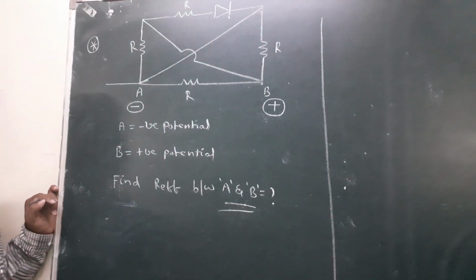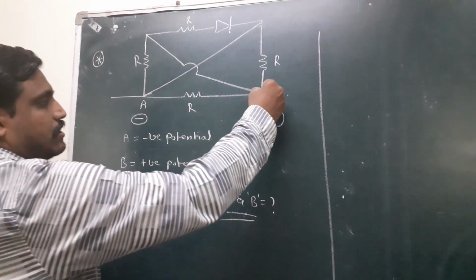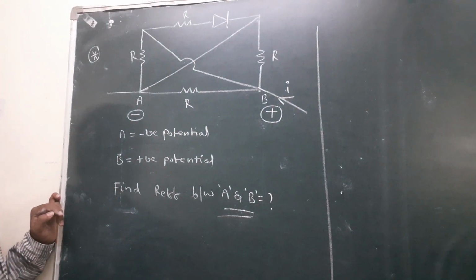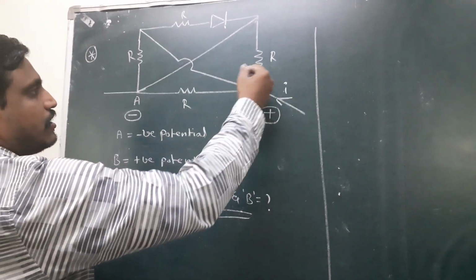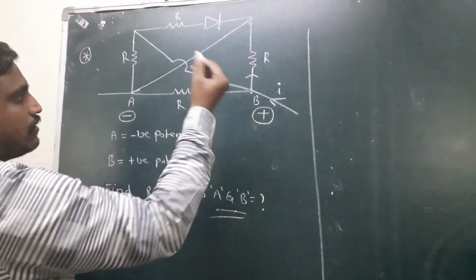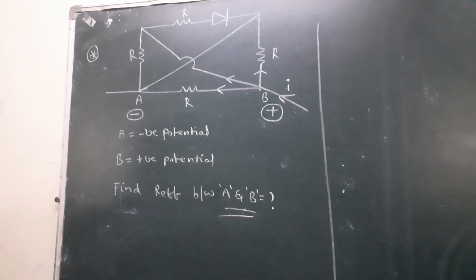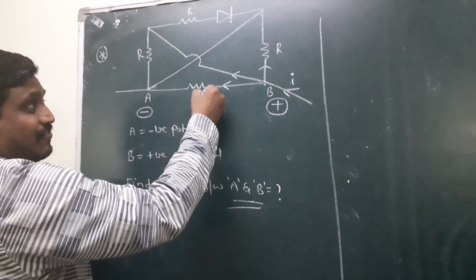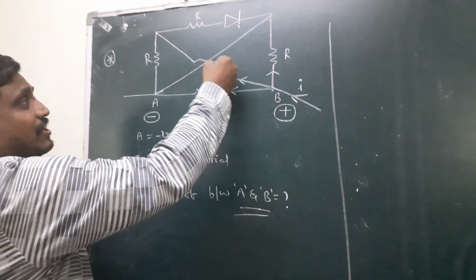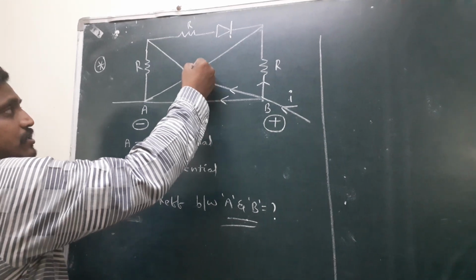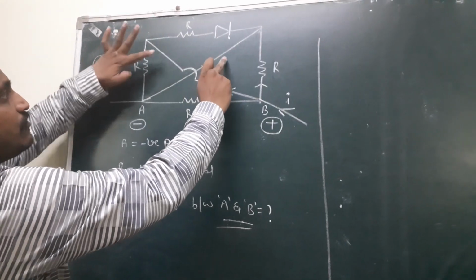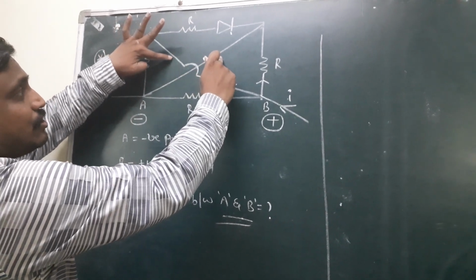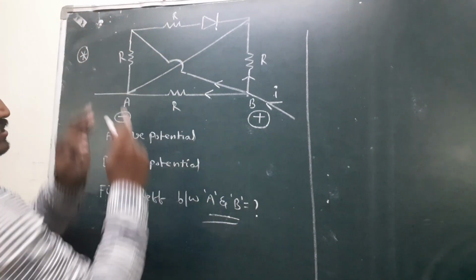Current always flows from plus to minus. That means here the current starts to flow. In this the current divides here, here, here. Look here, the current is divided, but this is a resisting wire and this is a conducting wire. This means there is no connection between these two wires. According to the question, this symbol indicates there is no connection between these two wires.